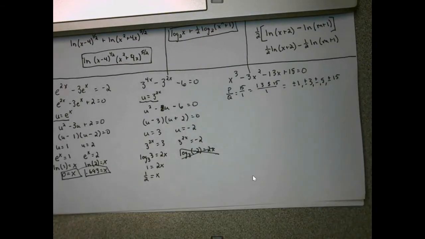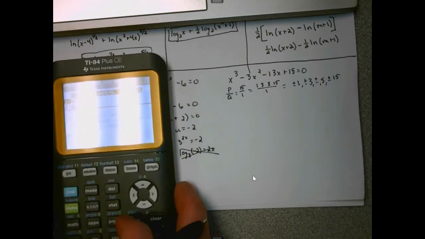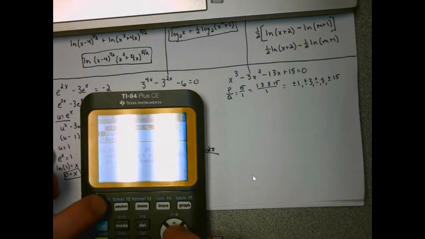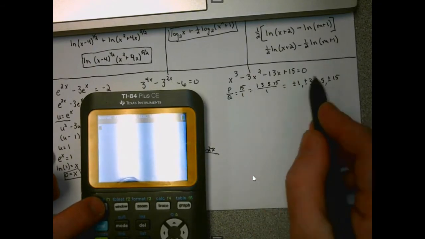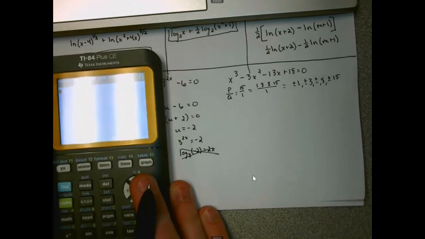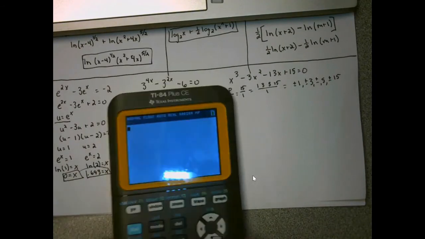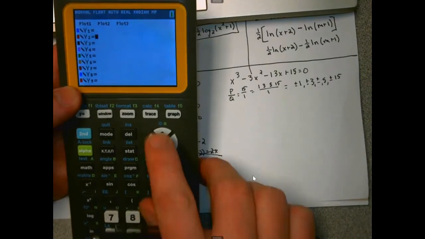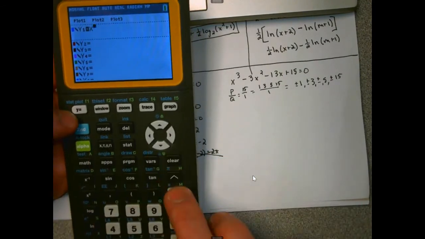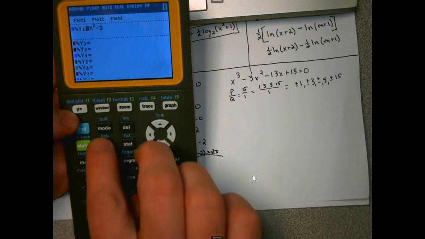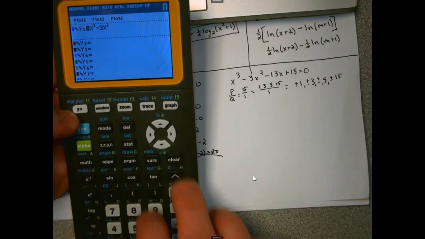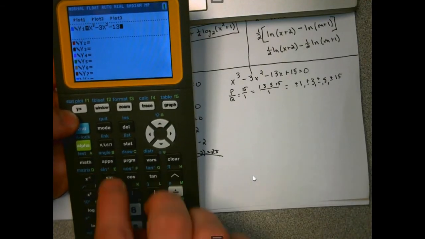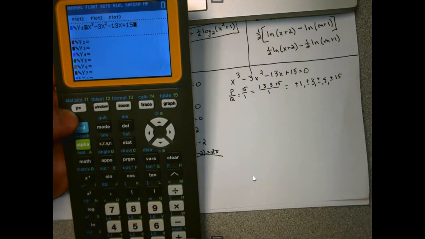Okay, so with this, we're going to do the synthetic division. And I like to just kind of speed this up. Here are my possible rational zeros. So I'm going to put this in the graphing calculator. X to the third minus 3x squared minus 13x plus 15.